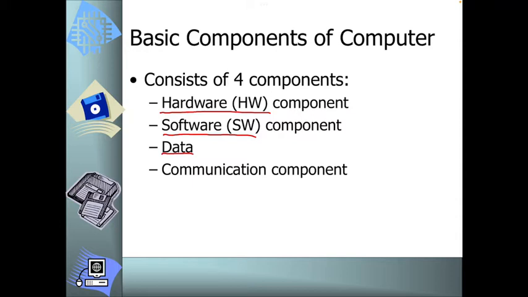Last but not least, the basic component of computers that you need to know is the communication component. So please remember that the basic components of computers consist of 4 components. Don't worry, because we will look one by one at what we have here.